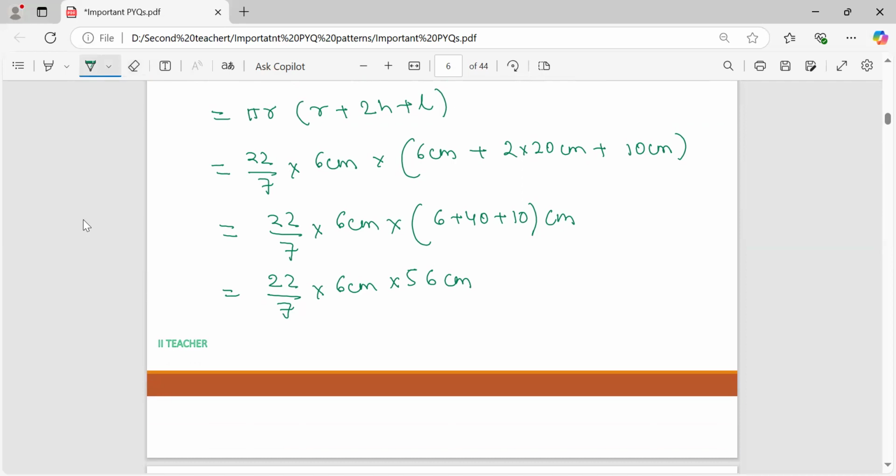कितना आया आंसर? टेल मी, राइट इन द क्लास चैट बॉक्स. Okay, so 7 1 is 7, 7 8 is 56. So 22 into 48 centimeter square. करो 22 into 48.